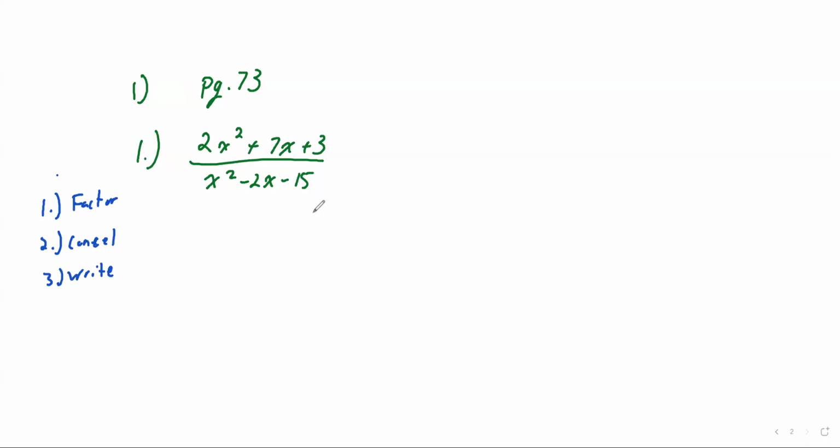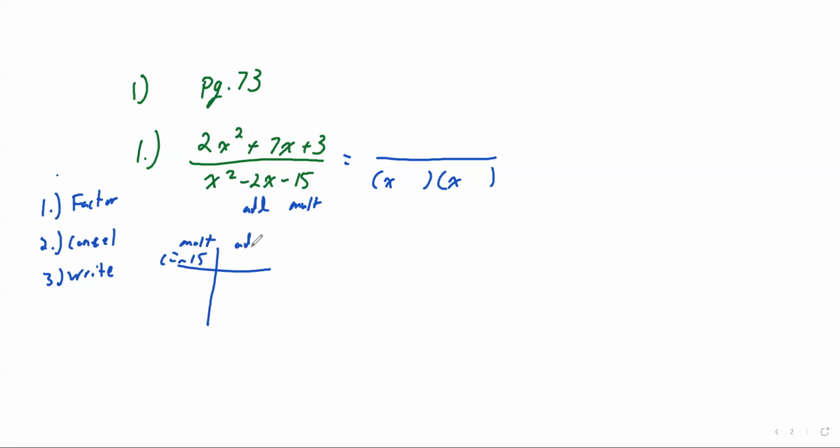So what you do is you just have to simply factor the denominator. So I now, from the last video, know a trinomial will factor into 2 binomials where the leading term is an x. And then I have to figure out what multiplies to negative 15 and adds to negative 2. So if I do my little chart here, multiply to negative 15, which is what the c is, and then add to my b, which is negative 2.